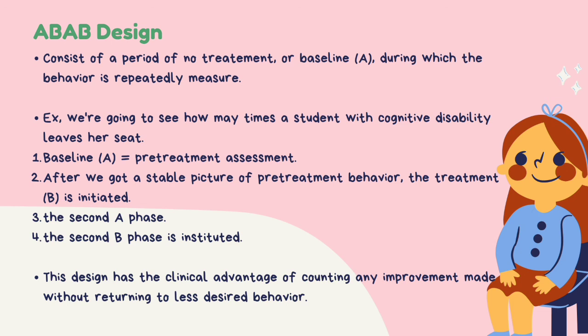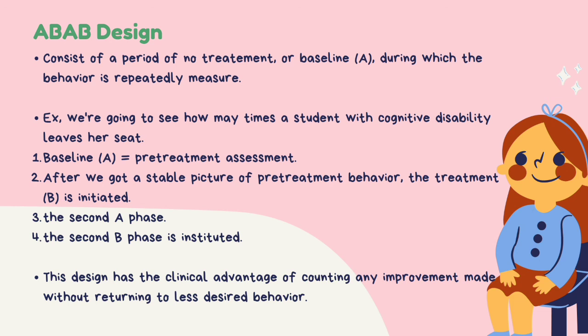Further experimental control is achieved by a second A phase. The second A phase is a reversal of treatment, reinforcing a behavior incompatible with the desired response. Ending at the second A phase has the drawback of leaving the client in the same state as before the experiment started.